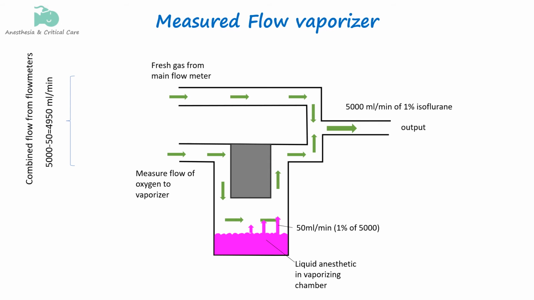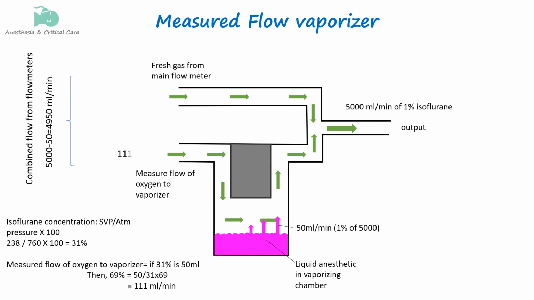The saturated vapor pressure of isoflurane at 20 degrees Celsius is 238 millimeters of mercury, and this represents 31% of isoflurane. This 50 milliliters per minute is 31% of isoflurane vapor.